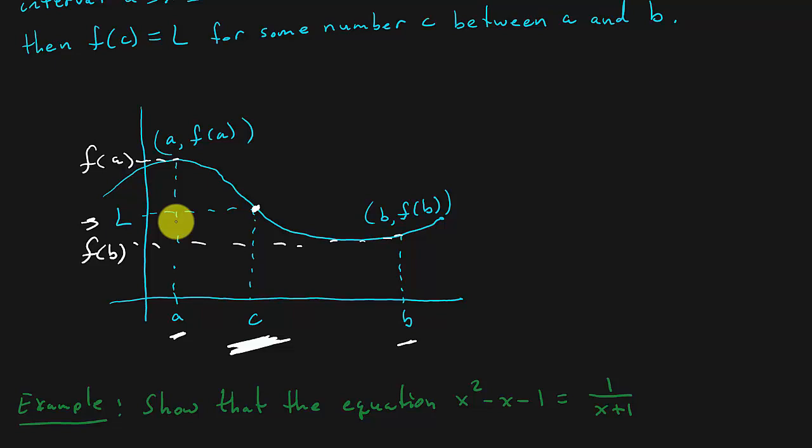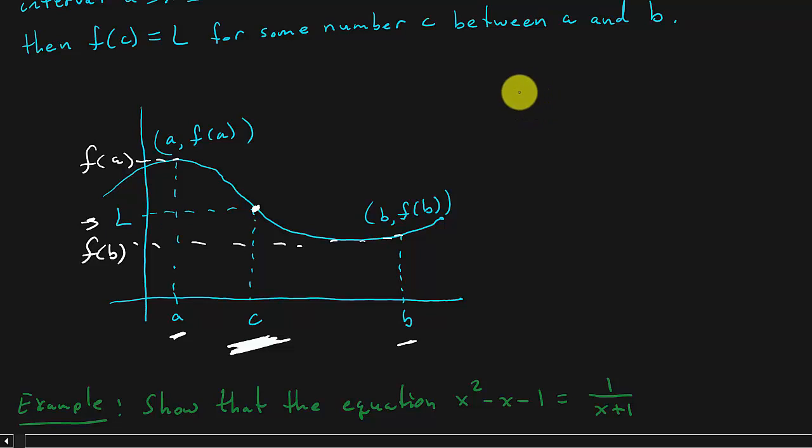Another way to see it, let's say there's a kid, and let's say they weigh 7 pounds at birth. Okay, and then they weigh, I don't know, 100 pounds at 12 years old.